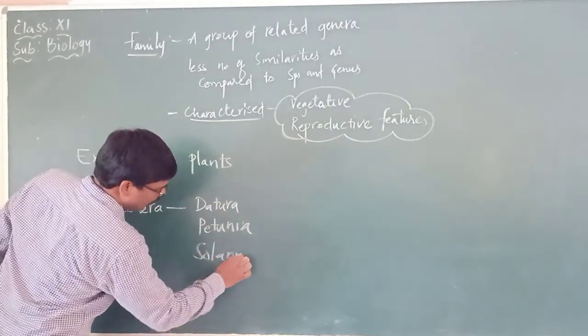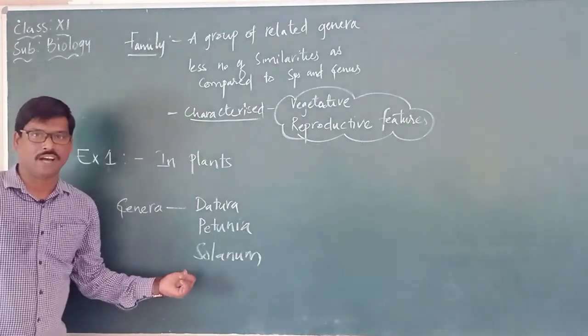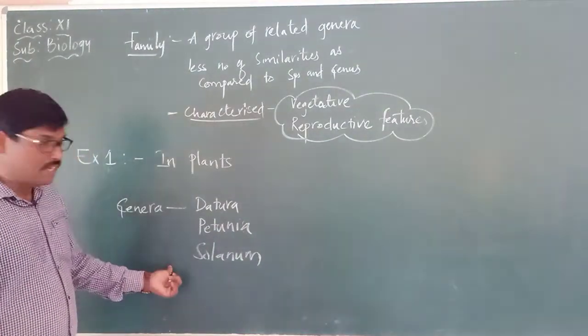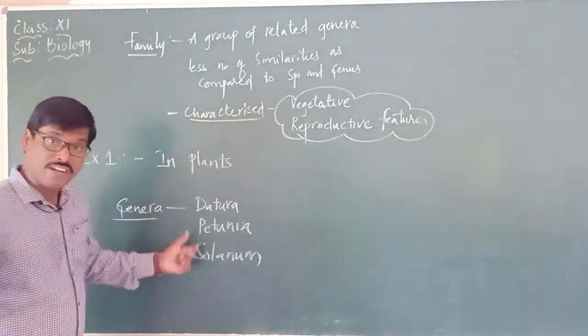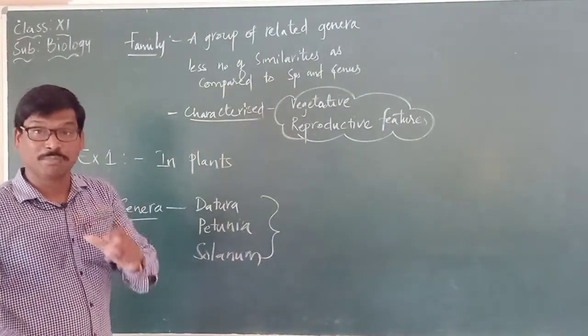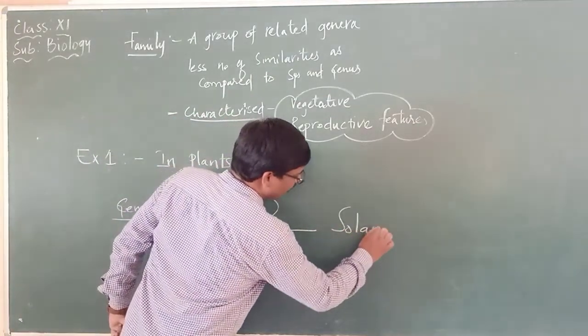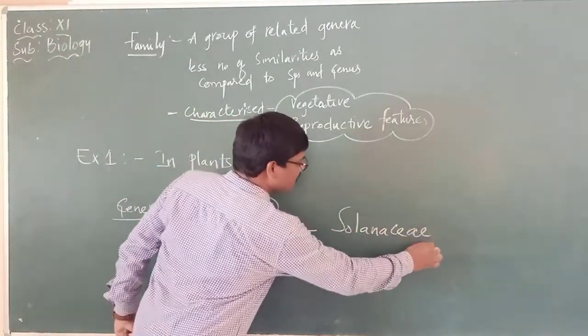These are different genera, and all these three different genera are placed in one family. That is called what? Solanaceae. They are placed in one family called Solanaceae.